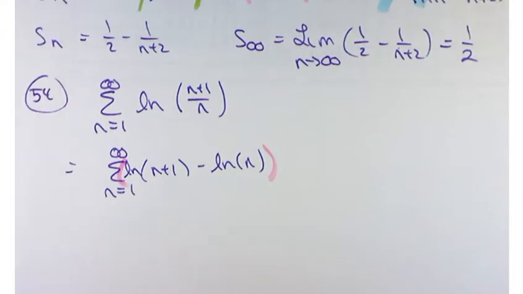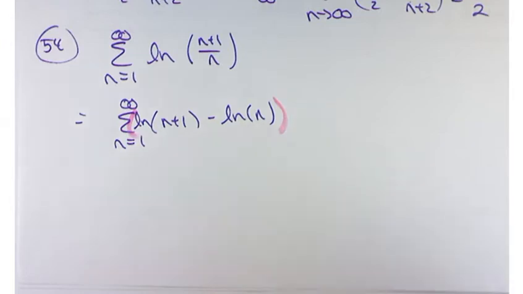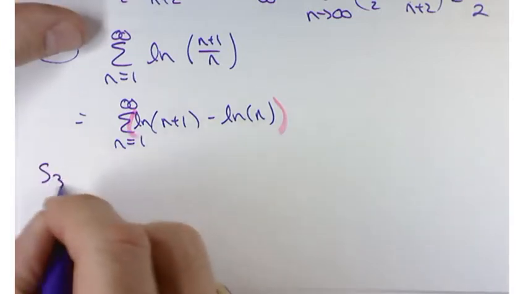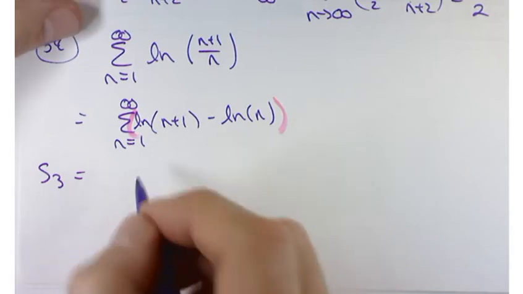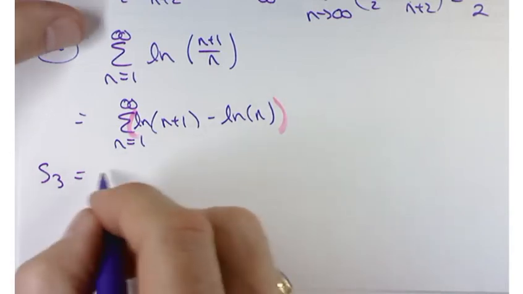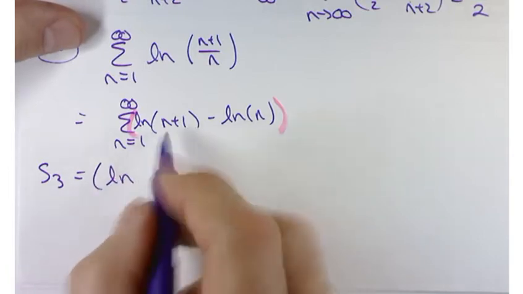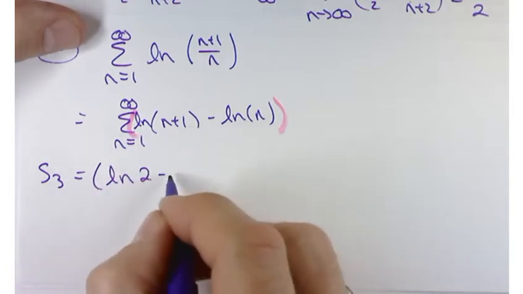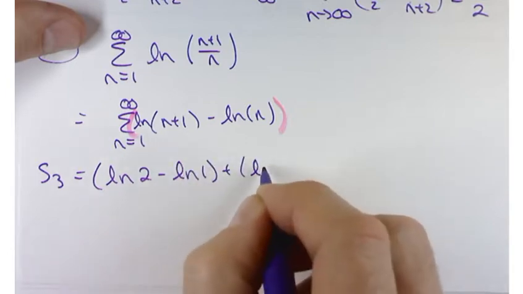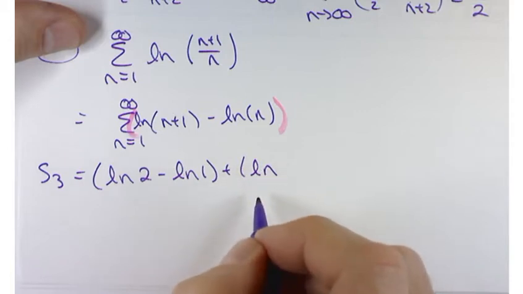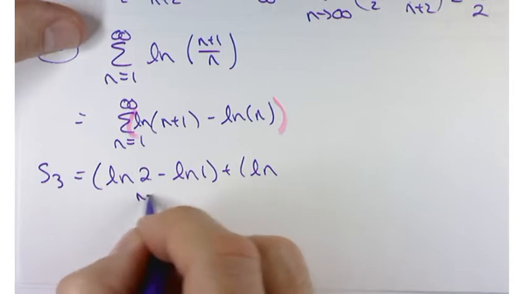So let's take a look at the first few expressions here. Let's start with S sub 3. S sub 3 is going to be ln of 2 minus the ln of 1, since you're starting at n equal 1.